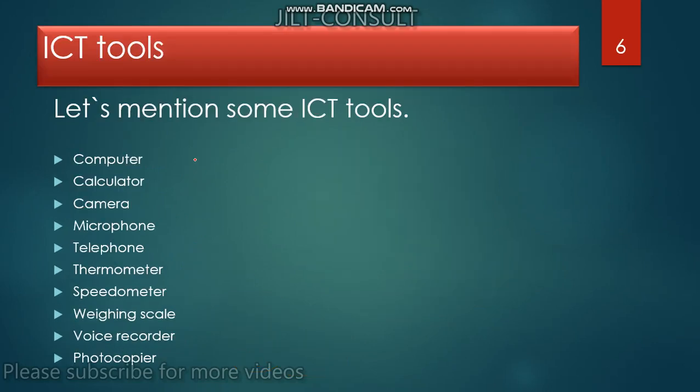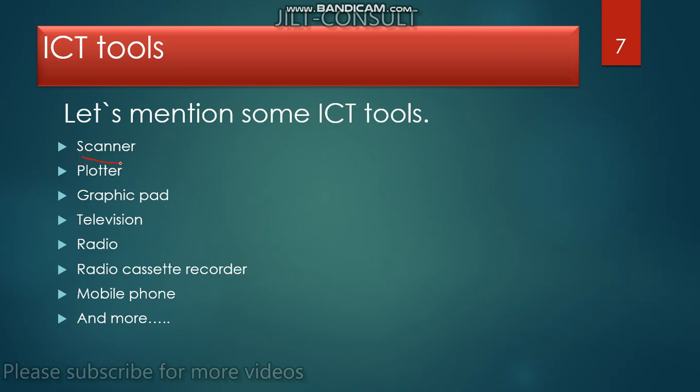Now, let's mention some ICT tools. We have computer, we have calculator, we have camera, we have microphone, we have telephone, we have thermometer, speedometer, weighing scale, voice recorder, photocopier.